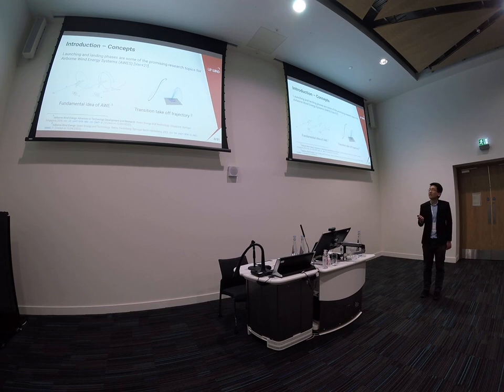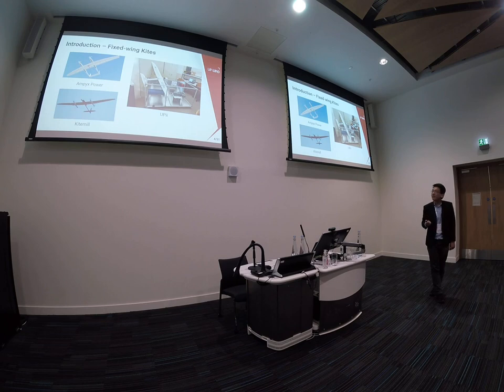We missed one figure, from the transition from the pumping cycle to the landing phase. That's why they say it's a promising research topic. For fixed wing kites, there are some models that you already know, the Makani Power and the kite vehicles, and now a model in the labs from UPOC.